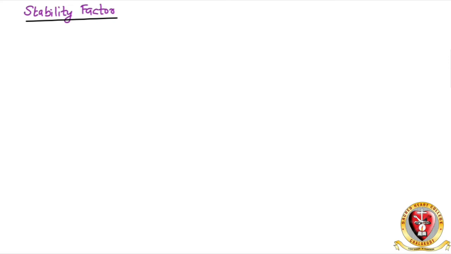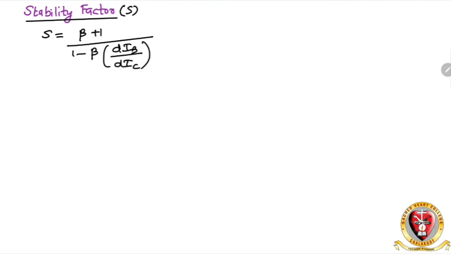We already learned about stability factor. The expression for stability factor is denoted as S. So S is equal to (beta plus 1) divided by (1 minus beta into dIB/dIC). So this is the expression for stability factor.